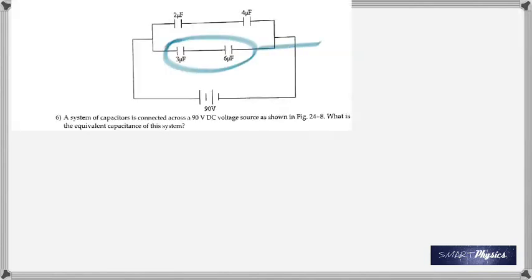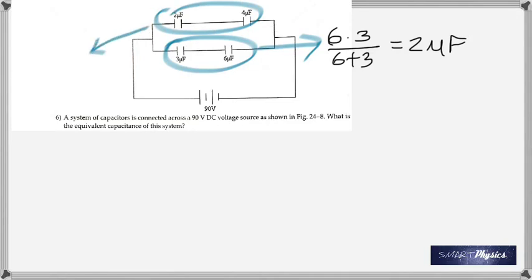And number 6, you have this combination. You need to find the equivalent capacitance or the total capacitance. Now, of course, you see that these two are in series with each other. And so, the total of these two is the product divided by the sum, which is 6 times 3 by 6 plus 3.